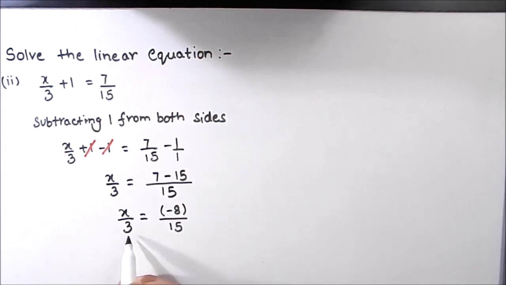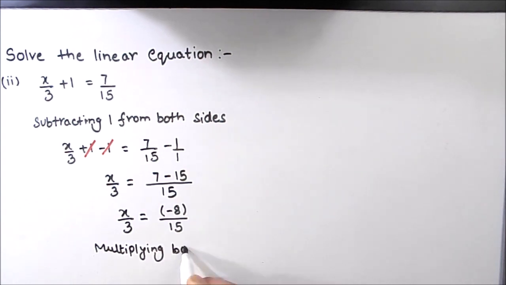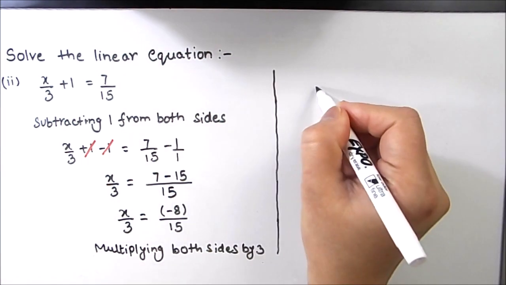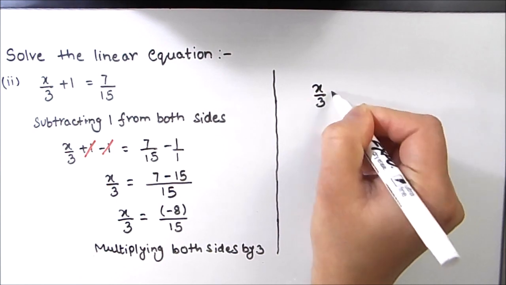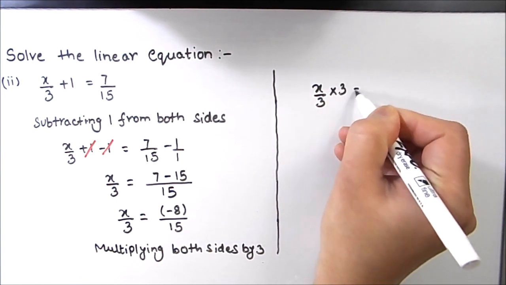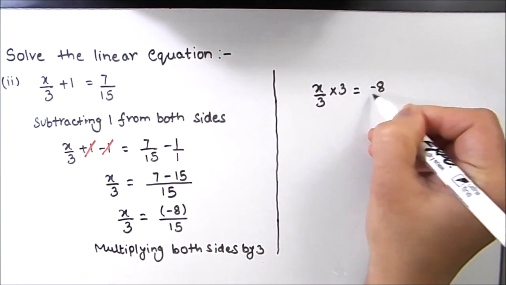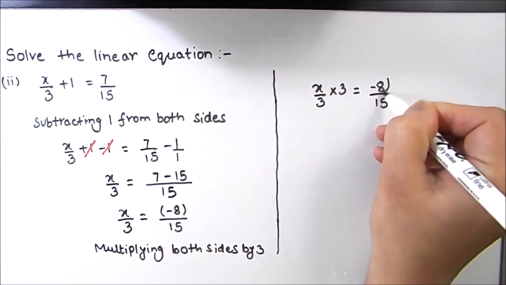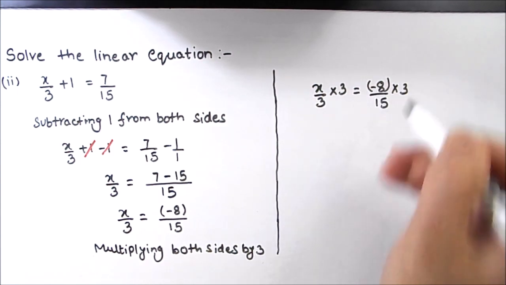For finding the value of x, we are going to multiply both the sides by 3. So multiplying both sides by 3, x by 3 times 3 is equal to negative 8 by 15 times 3.